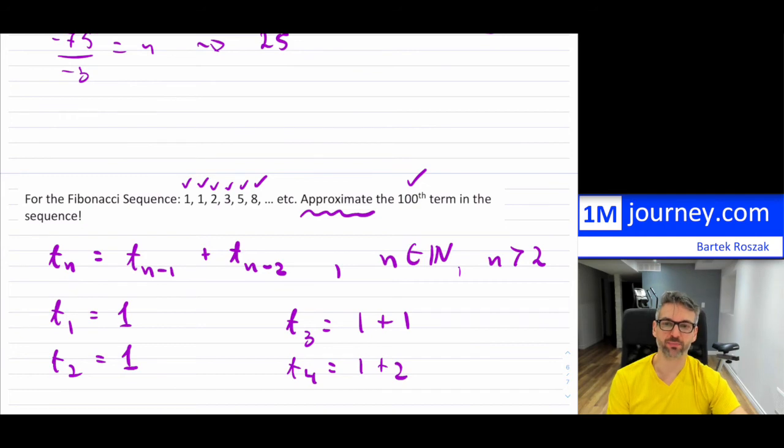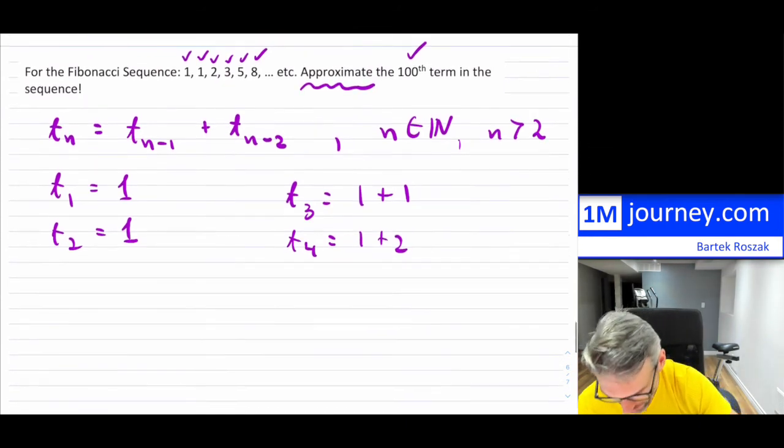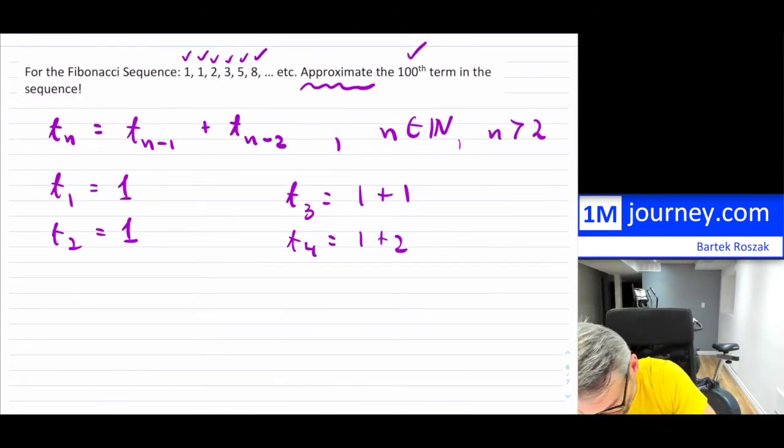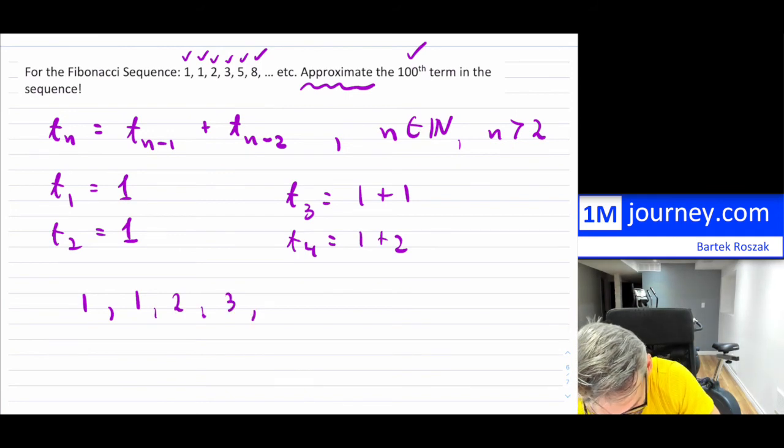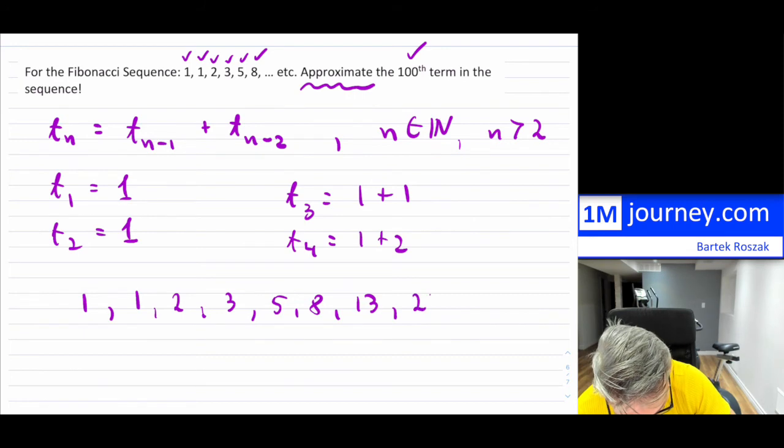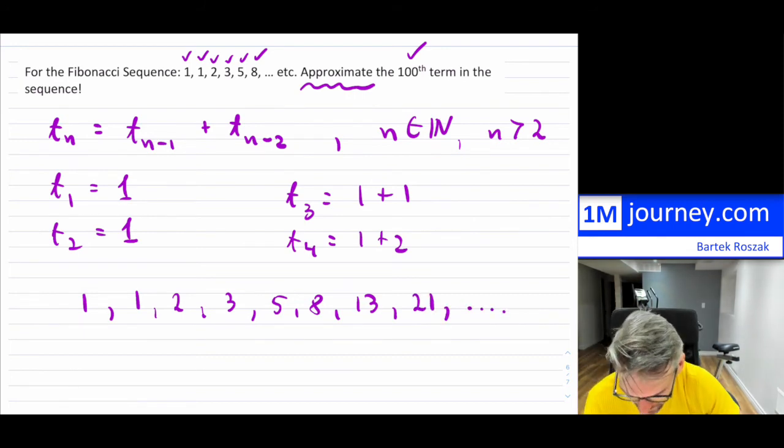You can actually approximate. After a while, the Fibonacci sequence gets closer and closer to a geometric sequence where there is actually a ratio. You don't see that in the first few terms, but you do see it a little bit later on. So if I rewrite this, we have 1, 1, 2, 3, 5, 8, then it goes 13, then 21, and so on.